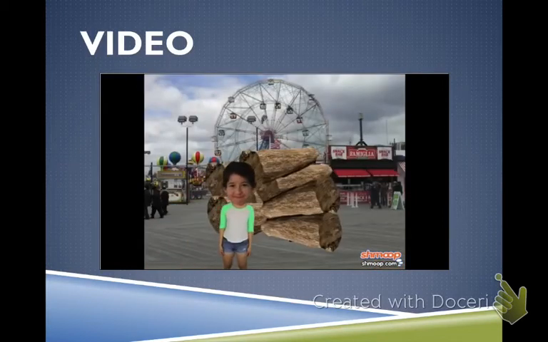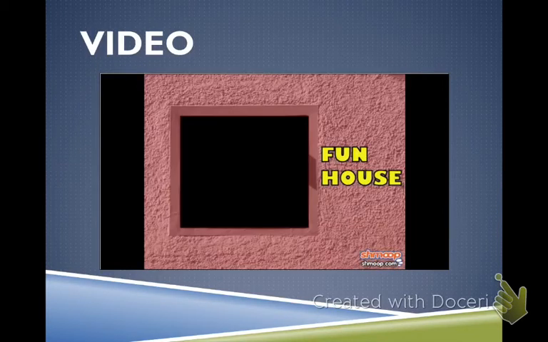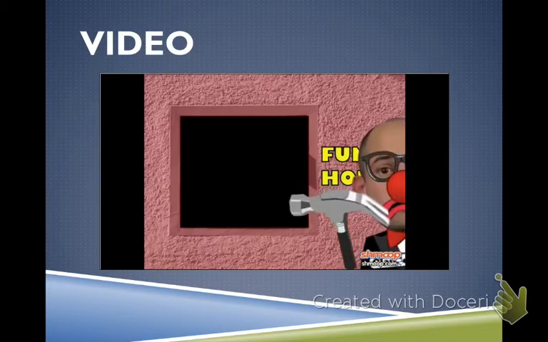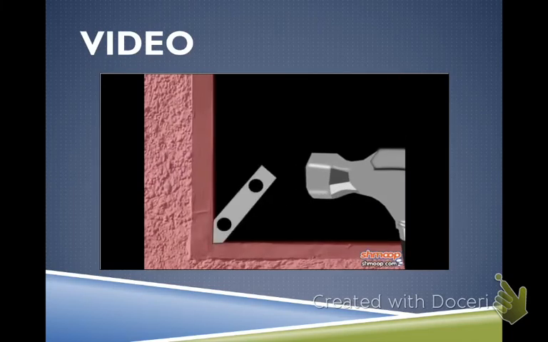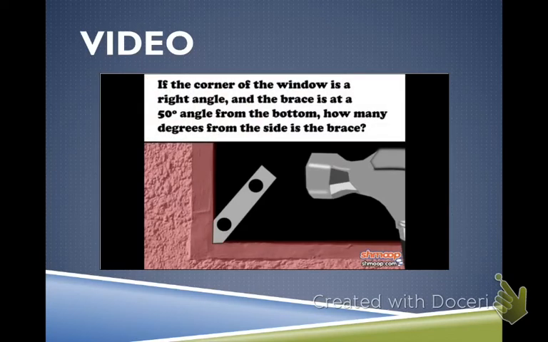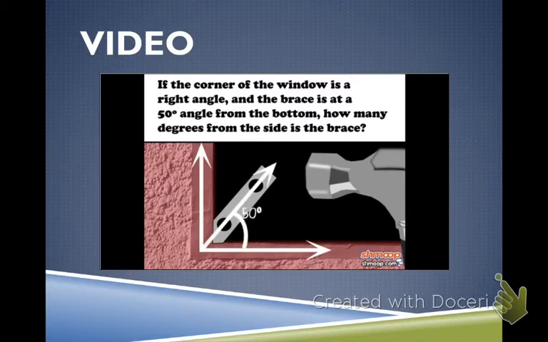Plus, that way he won't depress the rest of the visitors. While building one of the windows for the funhouse, Claude finds that the window needs a diagonal brace to support it. If the corner of the window is at a right angle and the brace is at a 50-degree angle from the bottom, how many degrees from the side is the brace?